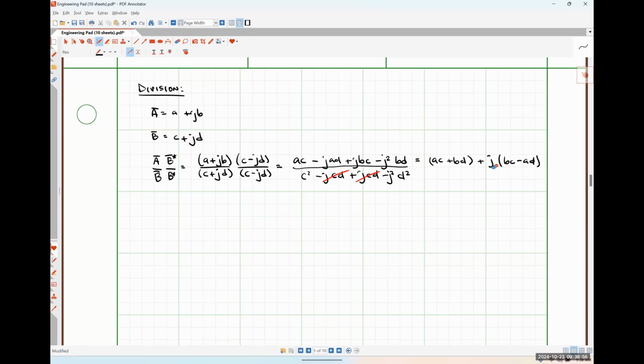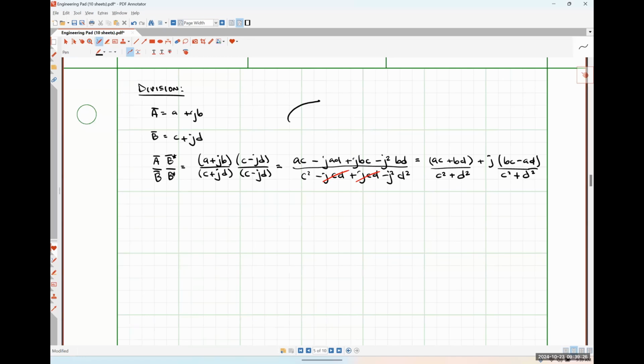And so I'm going to get rid of that line across the whole thing, and I'm going to put C squared plus D squared here in my denominators. Okay. So multiplying my denominator by the complex conjugate of my denominator effectively gets rid of the imaginary signs in my denominator, okay? So now I have a distinct real part and a distinct imaginary part.